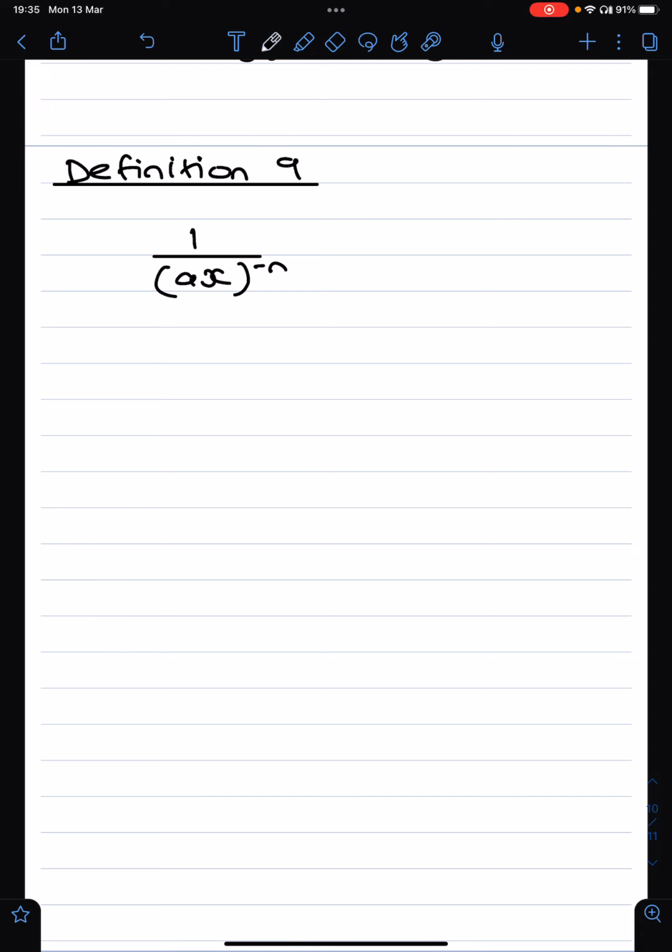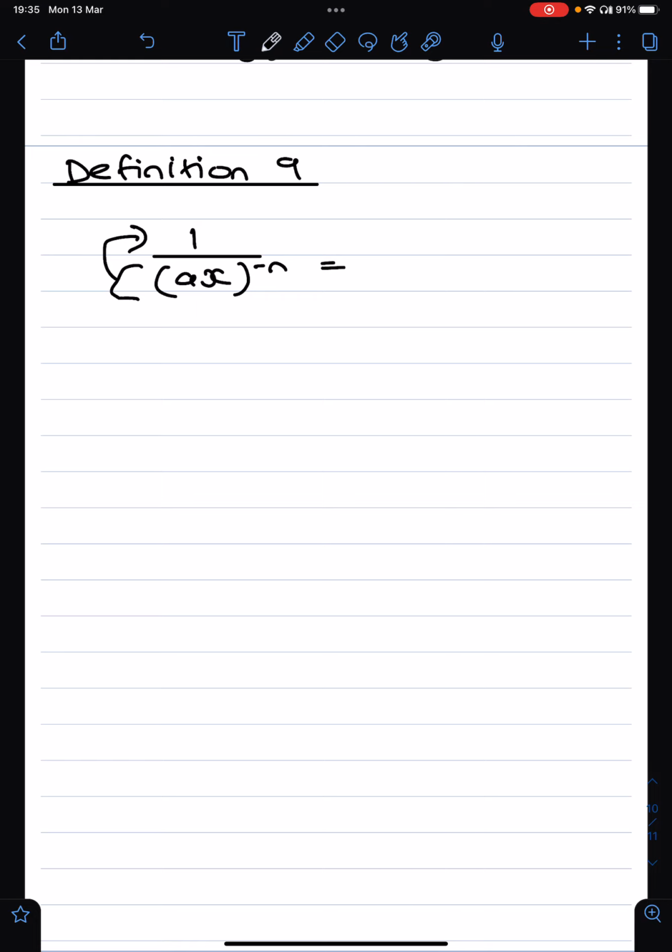3 more definitions to go. Definition 9. If I have a fraction 1 over ax to the power of negative n, then all we need to do is bring the bracket to the top.